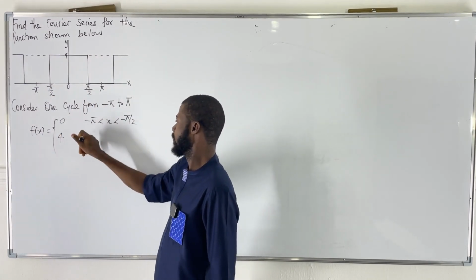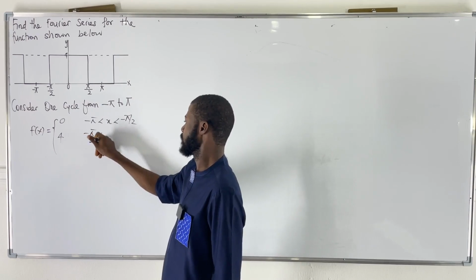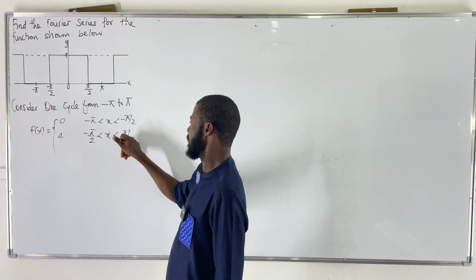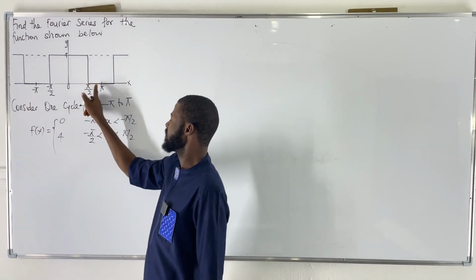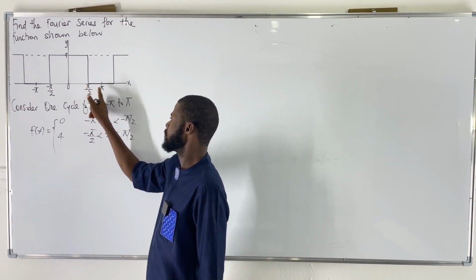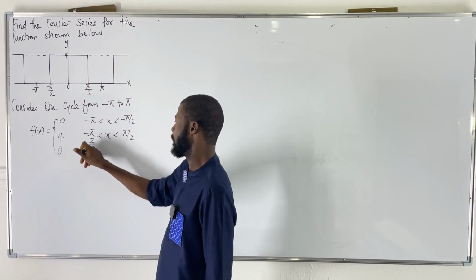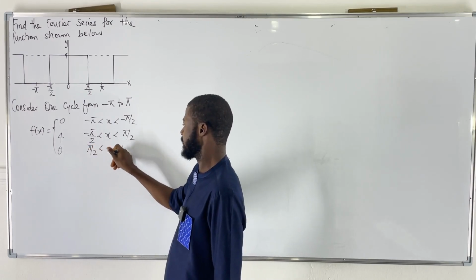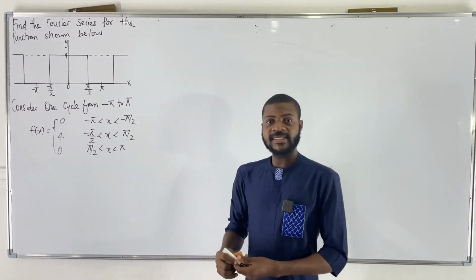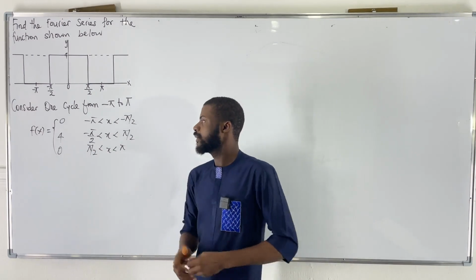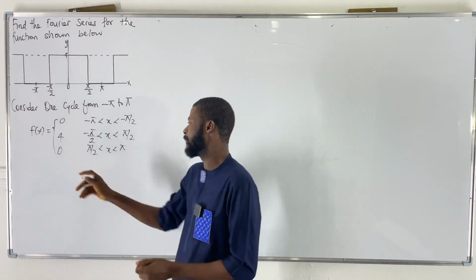So it was 4 for minus pi over 2 less than x less than pi over 2. And then it was 0 from pi over 2 to pi. So this right here is the analytic description. So let me put commas.